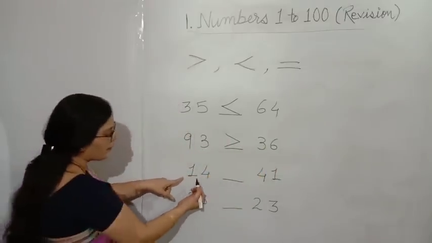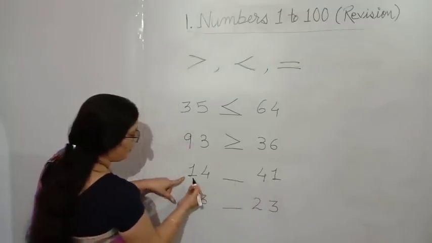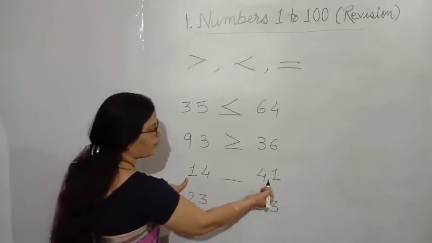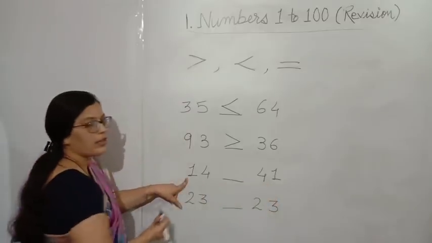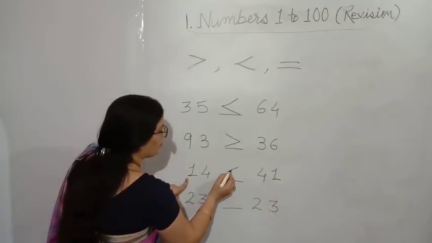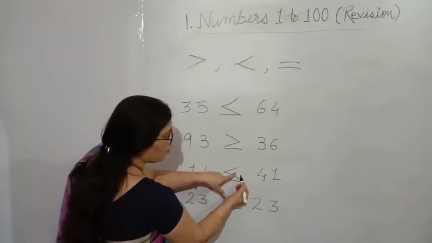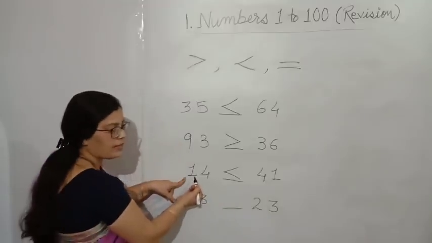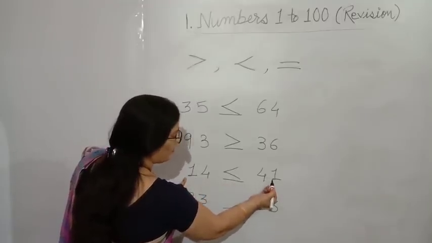Again here 14 and 41. 14 is the smaller number and 41 is the bigger number. So we'll use the smaller than sign, and we'll read it as 14 is smaller than 41.